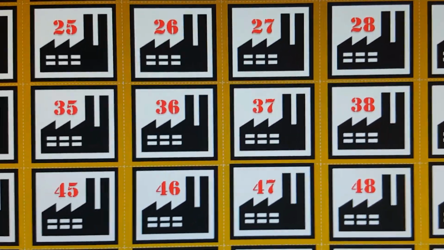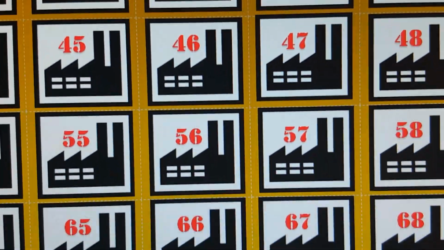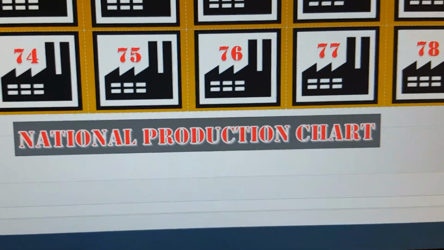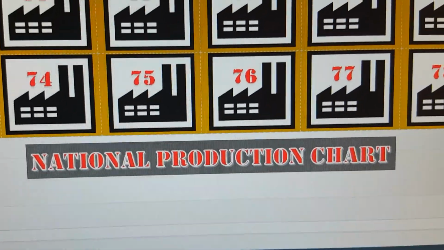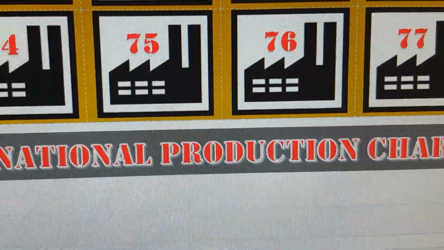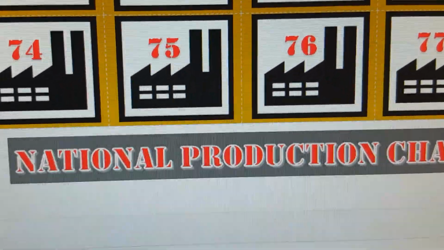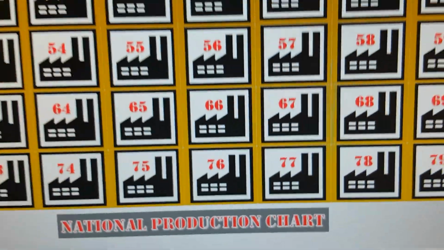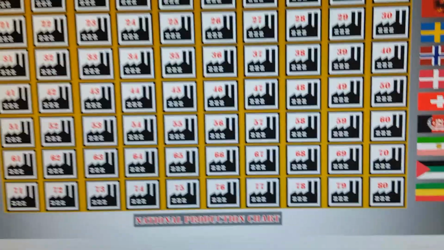I wanted to keep a universal font, so the number itself was stencil, and then the national production chart was stencil as well. And I changed the font on that and made that a white outline to make it stand out a little better. And can't be more pleased how it turned out.